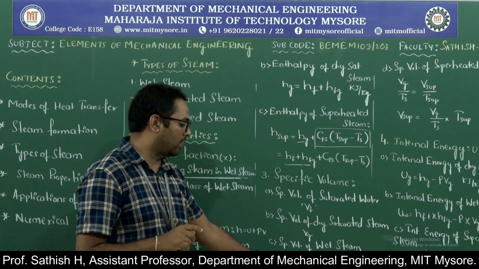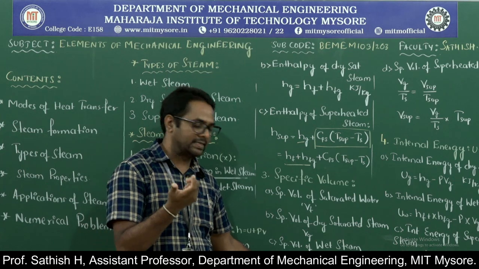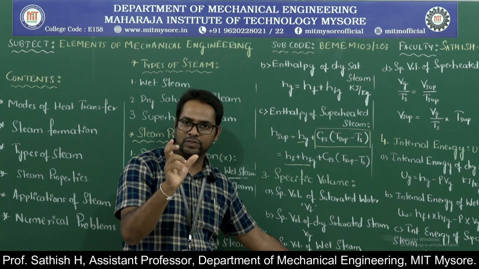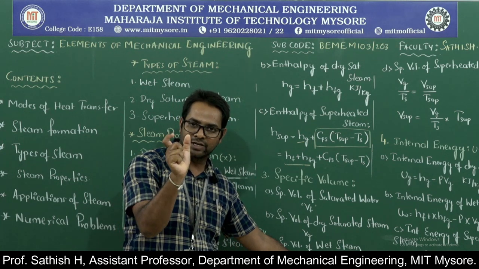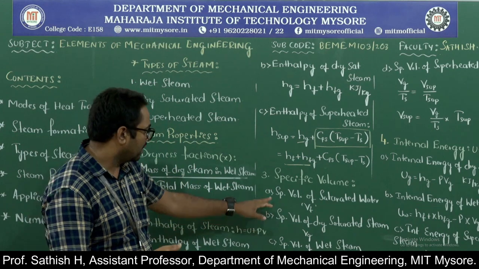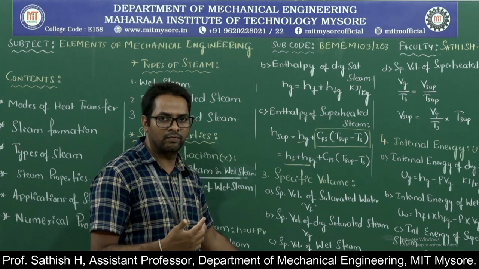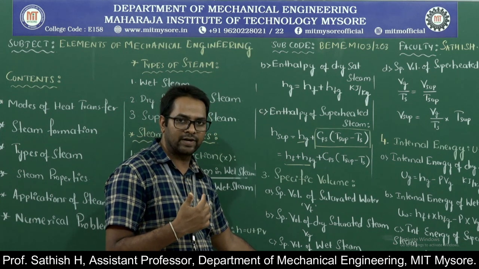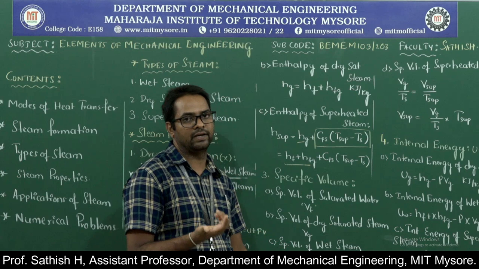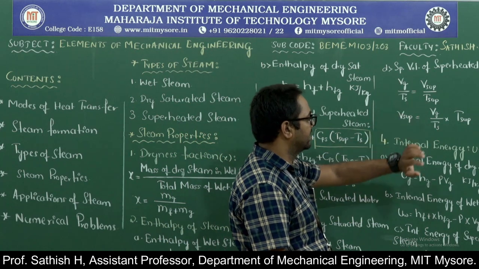Look at this formula: Vw is equal to x times Vg, that is the dryness fraction times the volume of the dry saturated steam, plus (1 minus x), which gives the amount of water in that particular wet steam, multiplied by Vf, the volume of the saturated water. This is the formula: Vw, the volume of wet steam, equals x times Vg plus (1 minus x) times Vf.